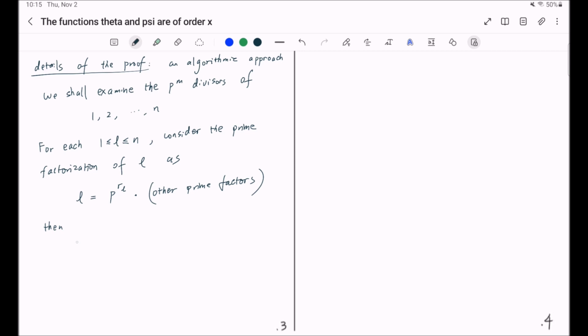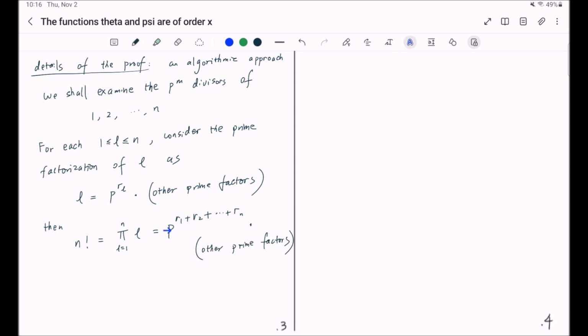Then, what is n factorial? N factorial will be the product of those L's, which will be p to the r1 plus r2 plus ... plus rn times other prime factors.